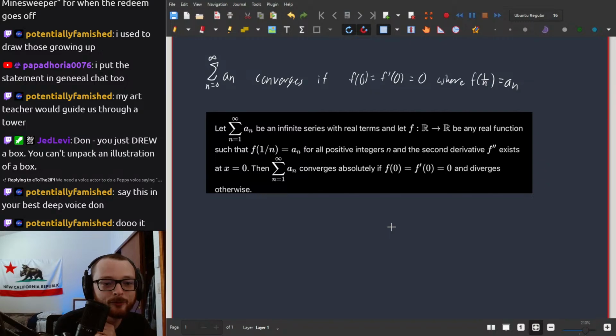You need to require the second derivative exists. Okay, what are we doing here? So let's draw a convergent series.